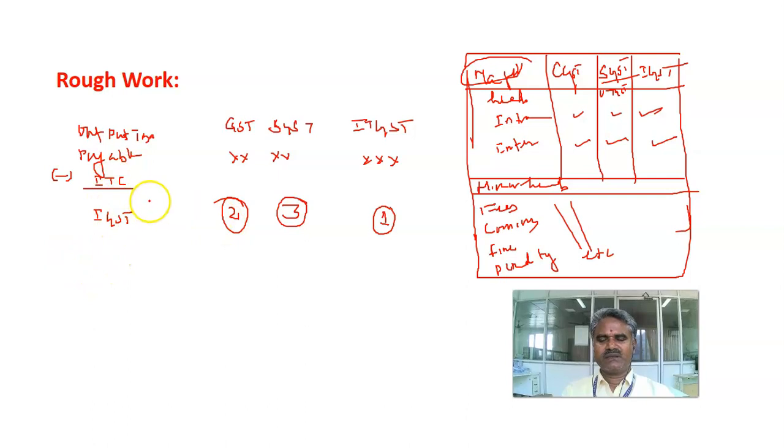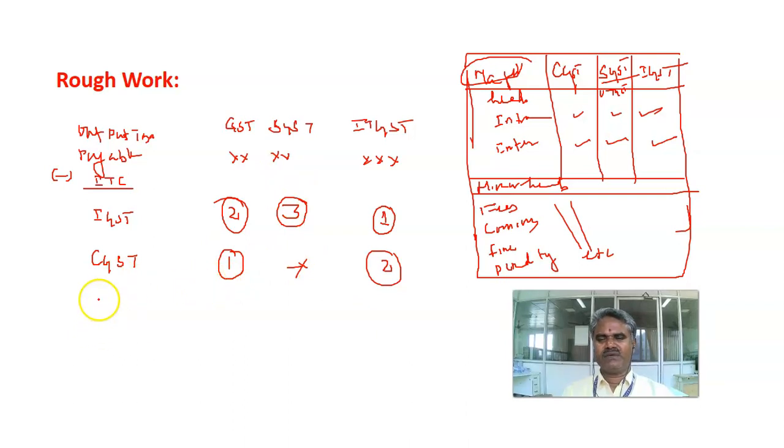Suppose you have input tax credit on CGST. First adjust against the CGST payable. After adjusting CGST, if you have any surplus, you have to adjust against IGST, not SGST.